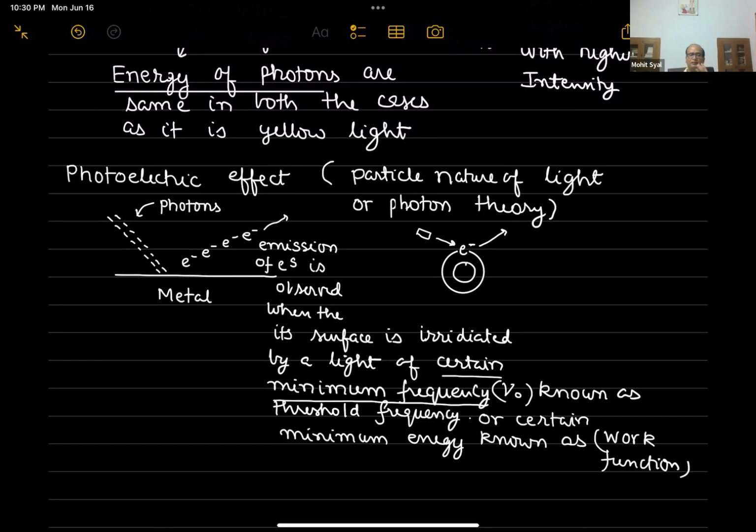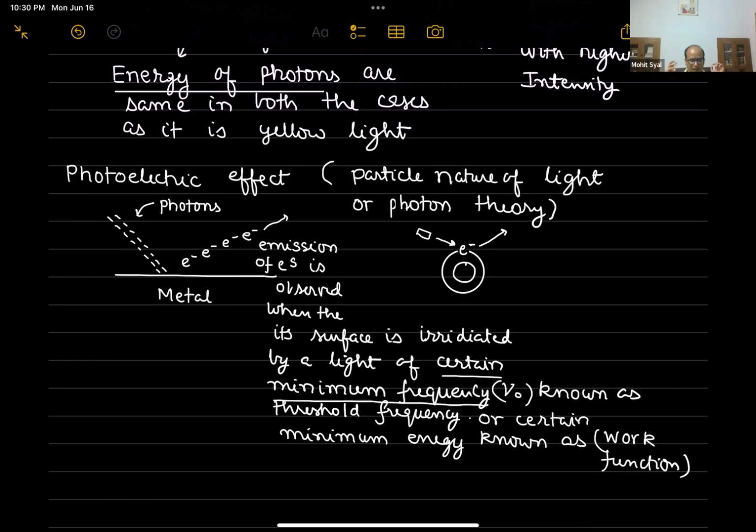It is just like, the photons are coming, they are hitting the metal surface and they are knocking out the electrons. Got it? Electrons will be knocked out only if the photons have a certain minimum amount of energy. Suppose I am trying to move a table with my kick, will the table move or not?